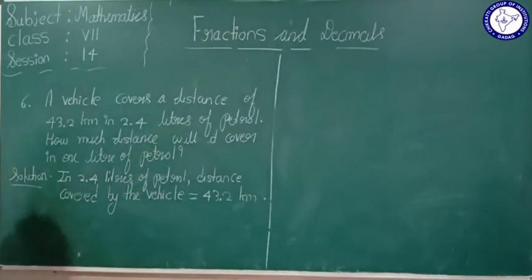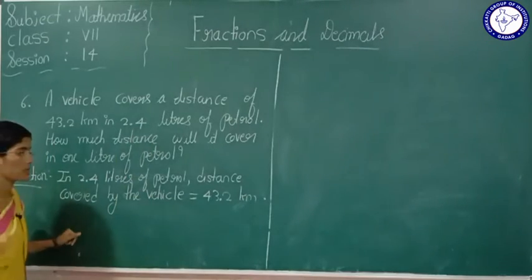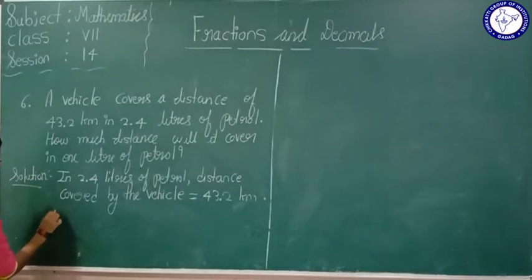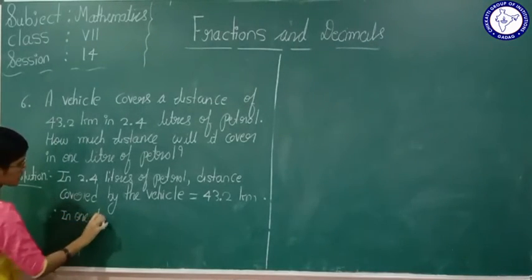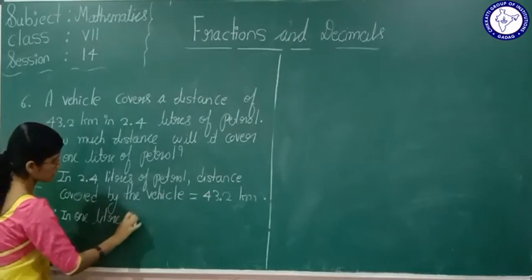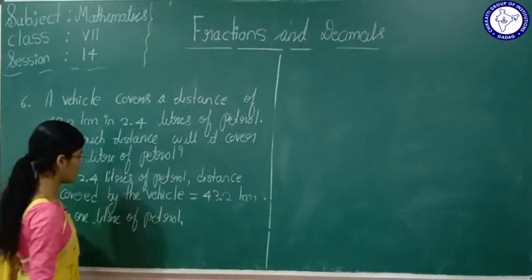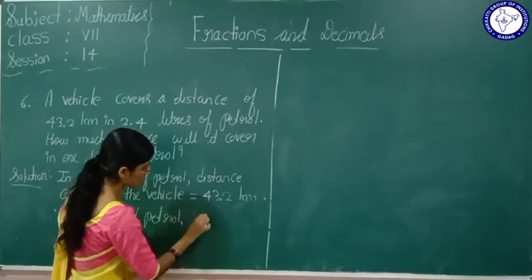Okay, in 2.4 liters of petrol, distance covered by the vehicle is 43.2 kilometer. So therefore, in 1 liter of petrol, distance covered by the vehicle is equal to how much, students?